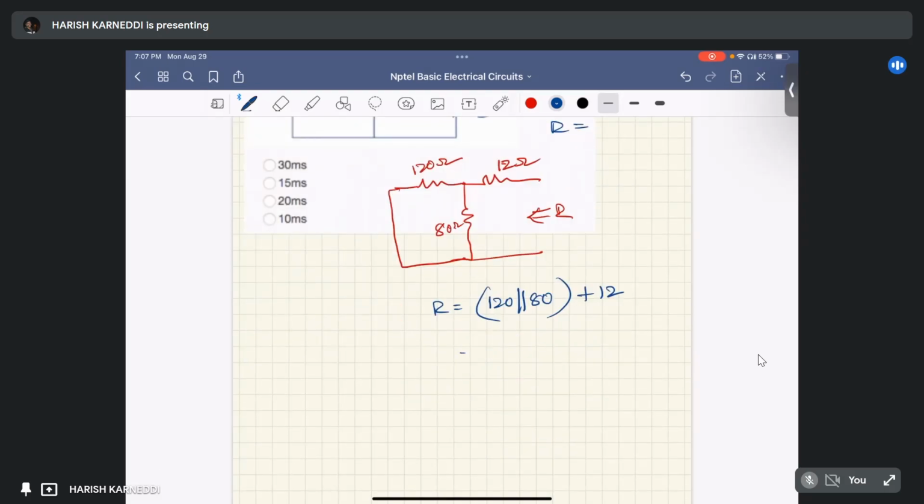The equivalent is 120 into 80 by 120 plus 80, that is 200, plus 12, right?